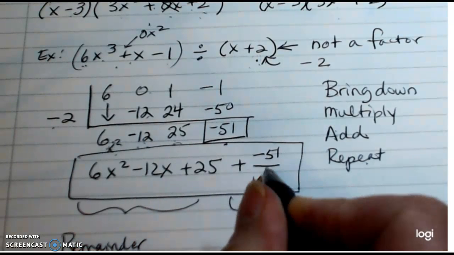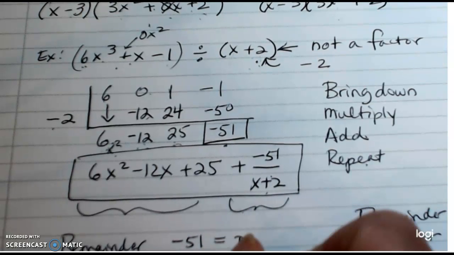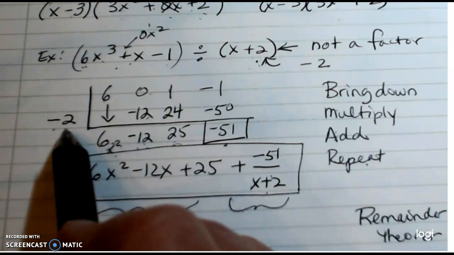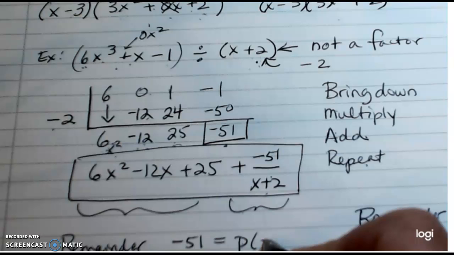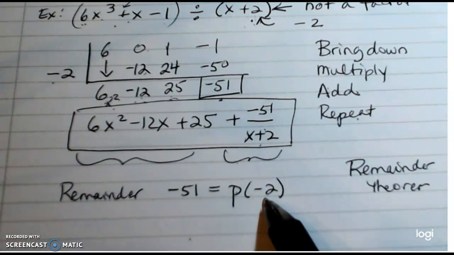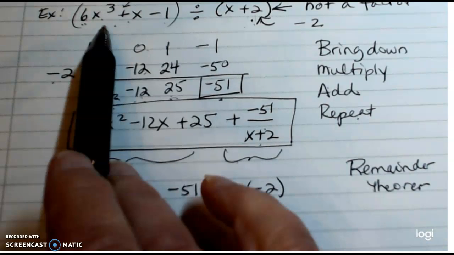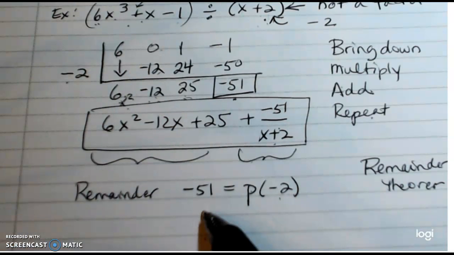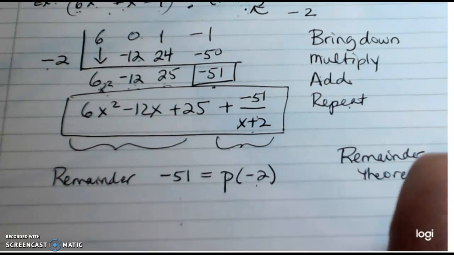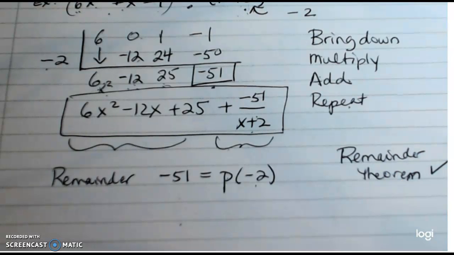So the remainder, in this case negative 51, is equal to the value of the polynomial for this value here. So if we were to take the value negative 2, plug it into our original polynomial function, this one up here, we should get the result negative 51. And that's the remainder theorem that I presented at the end of the long division video.